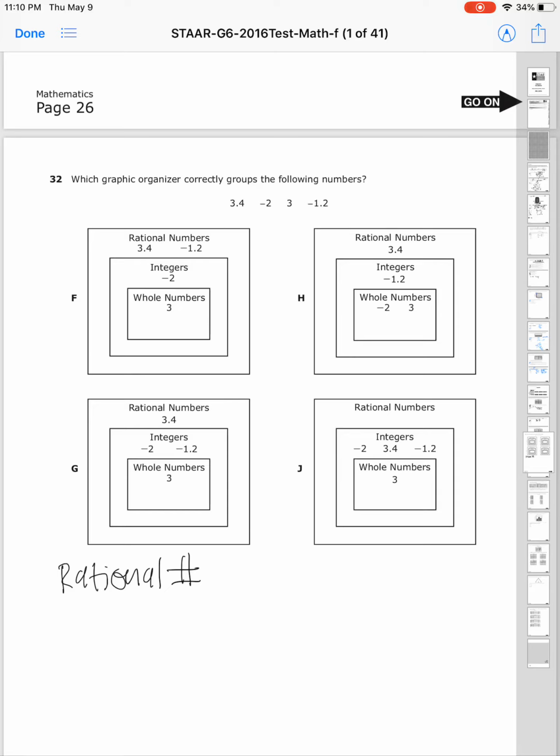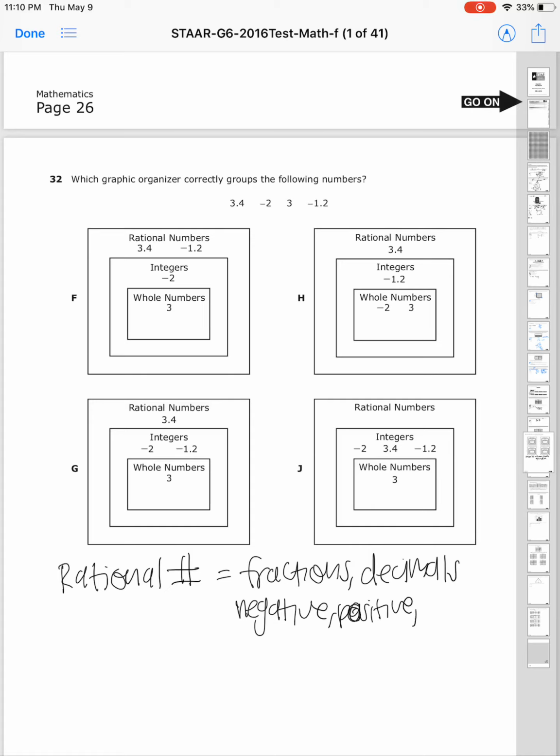A rational number, they're fractions, decimals, they can be negative, right? They can be positive. They're also percents. And those kind of numbers, guys, are rational numbers.